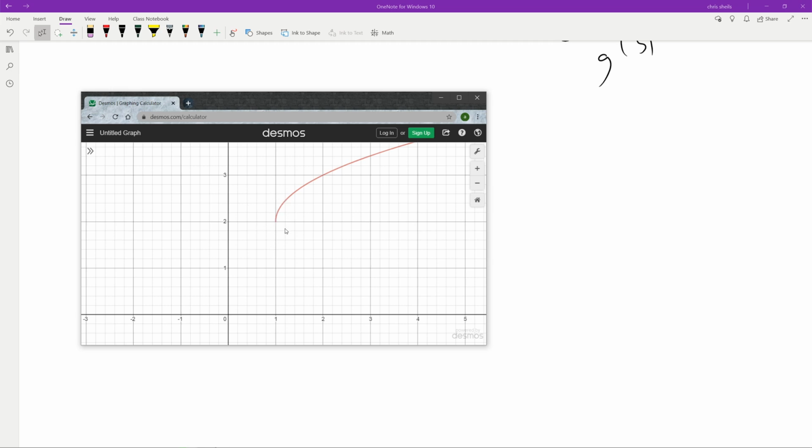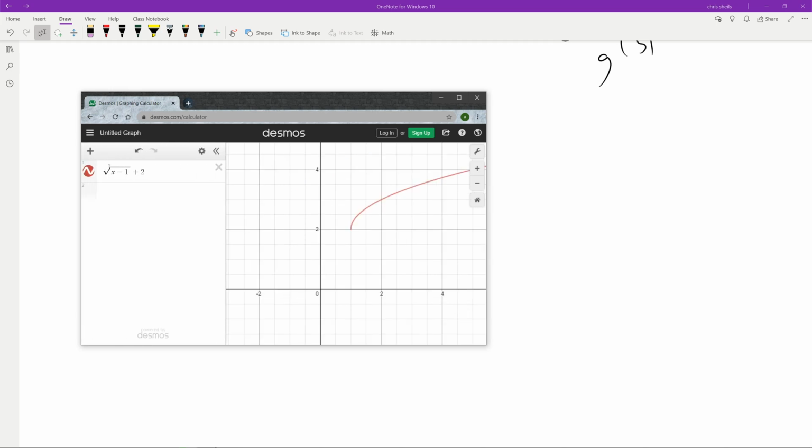This means that I need to replace my x with an x minus 1, since replacing x with x minus 1 means I shift to the right 1 unit. And then outside of the function, I need to add 2 units to shift all of my output values up 2 units. And we end up with square root of x minus 1 plus 2.